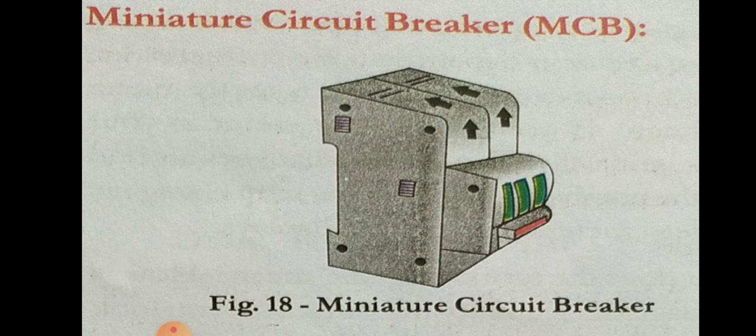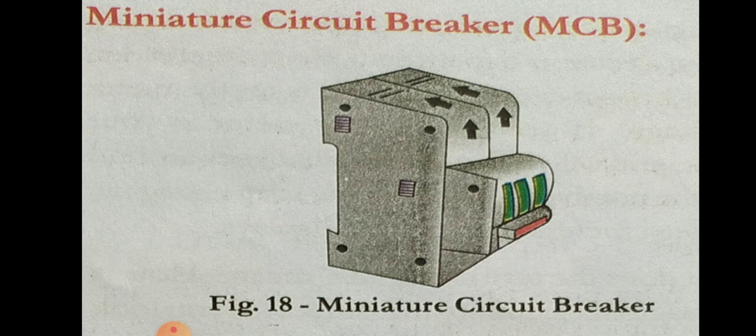The advantage that a miniature circuit breaker has over fuses is that they can be reset, that means set again, to restore normal operation, whereas the fuses need to be replaced after every single operation. The MCB can be reset by hand and the circuit becomes complete once again.